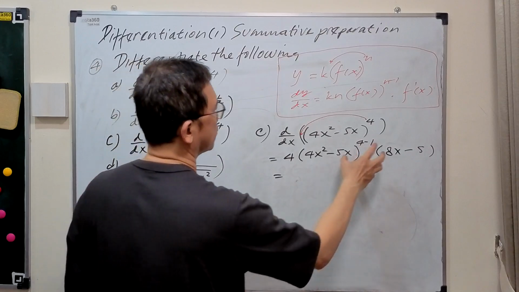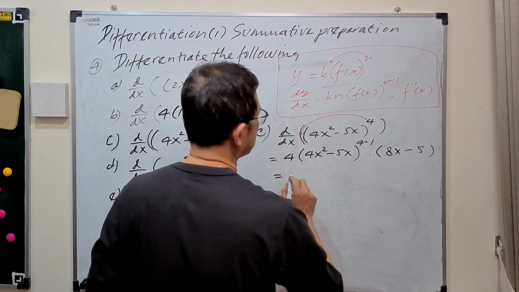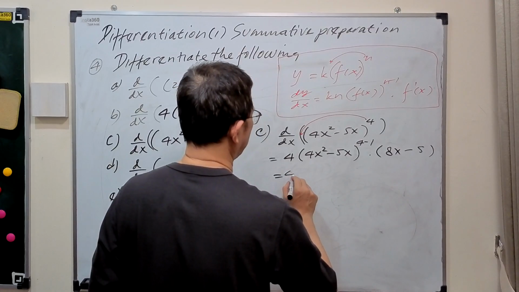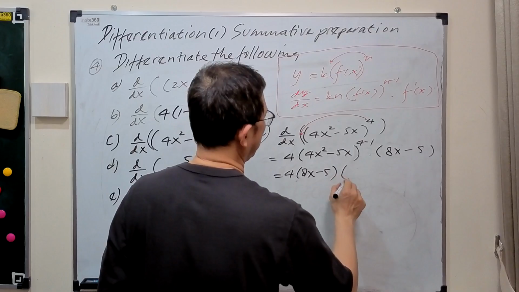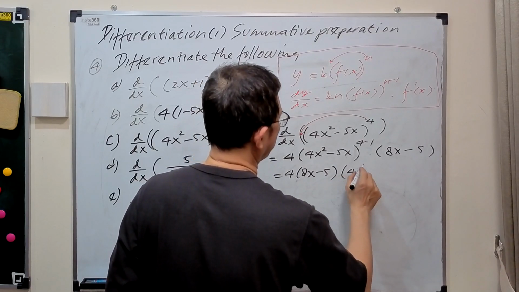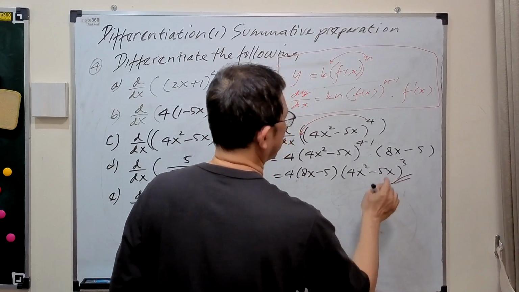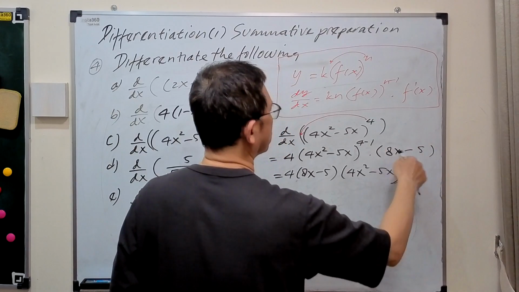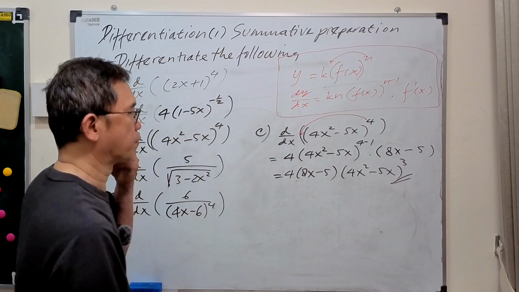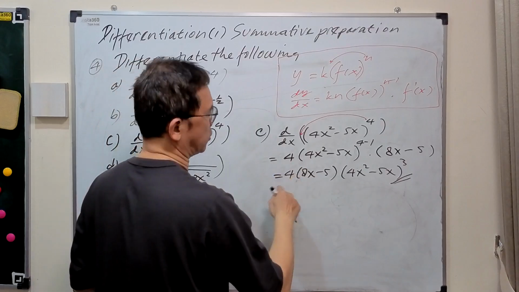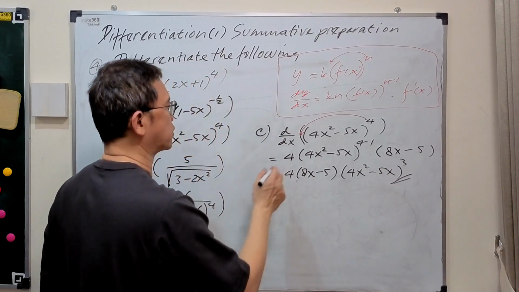Then you can arrange it simply like this: 4 times 8x minus 5 times 4x squared minus 5x to the power of 3. You move the expression at the back to the front behind 4. Without multiplying the 4 inside, it's okay. This solution is acceptable.